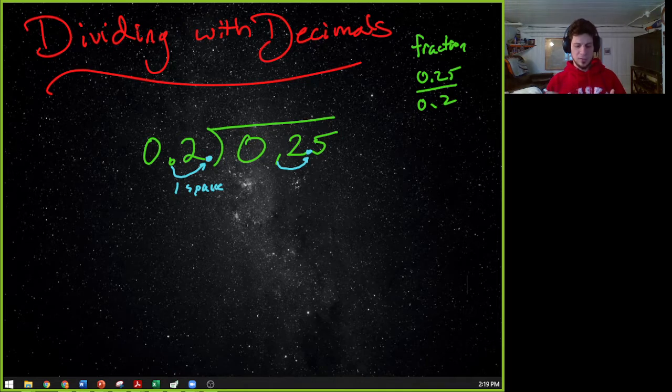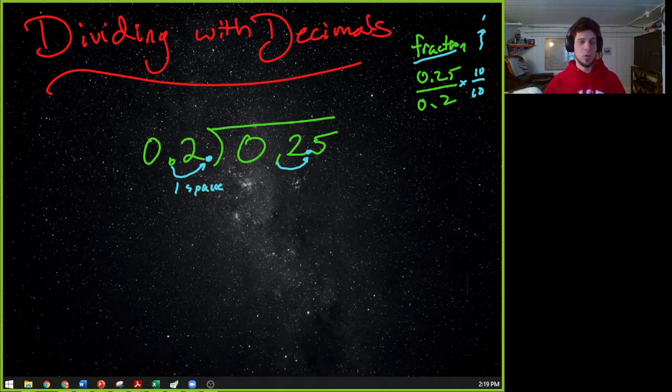Now the reason I can do that is because essentially I'm multiplying this fraction, 0.25 divided by 0.2, times 10 over 10. 10 over 10 is 1. If I multiply anything by 1, that number stays the same.